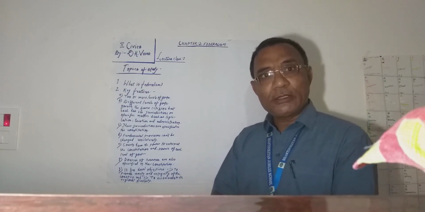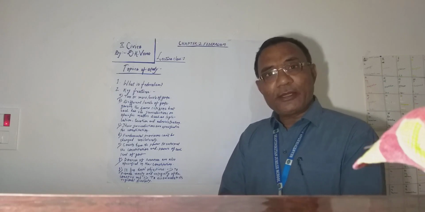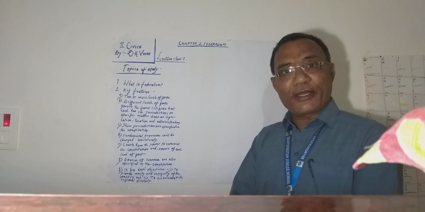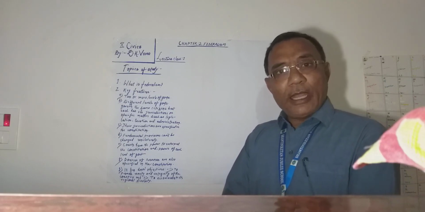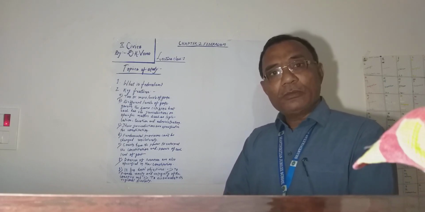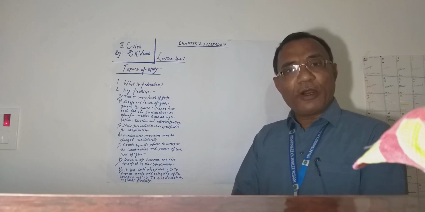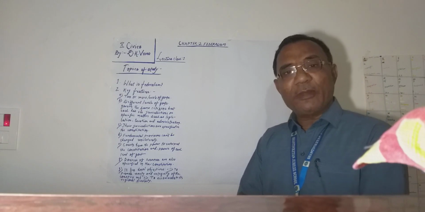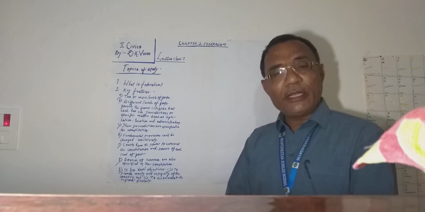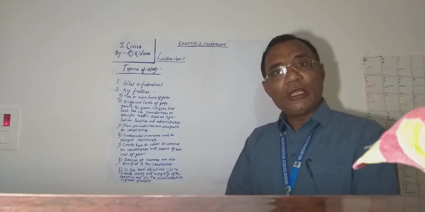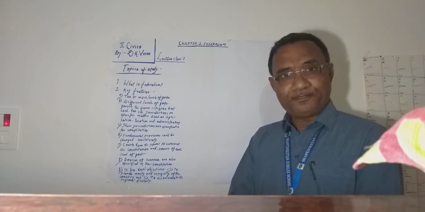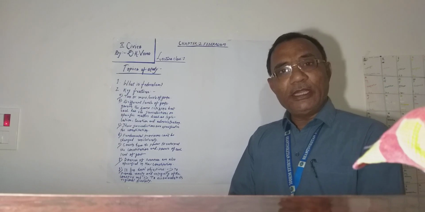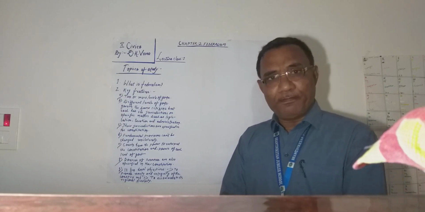So students, it is quite clear that India is an example of federal system, and it is because in the constitution of our country there is existence of the central government, state governments, as well as local self-governments. So it is now very clear that India is a federal nation.